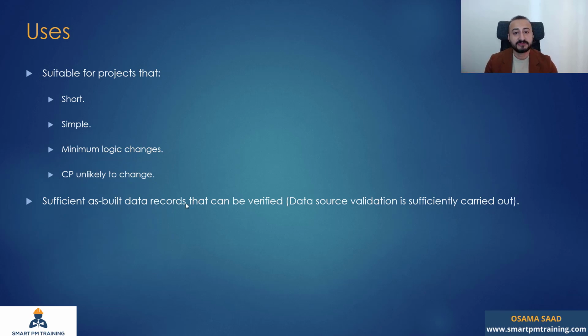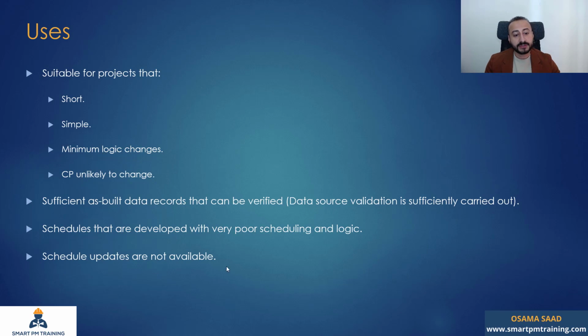So you must have verified and strong records of the as-built. Also schedules that are developed with very poor scheduling and logic. It might look nice in the baseline, but because you have so many problems with the logic, when you try to use the schedule updates, it's very complicated because you have to make a lot of changes to make it reasonable again. So in some cases, if that's the case, you can use this method.